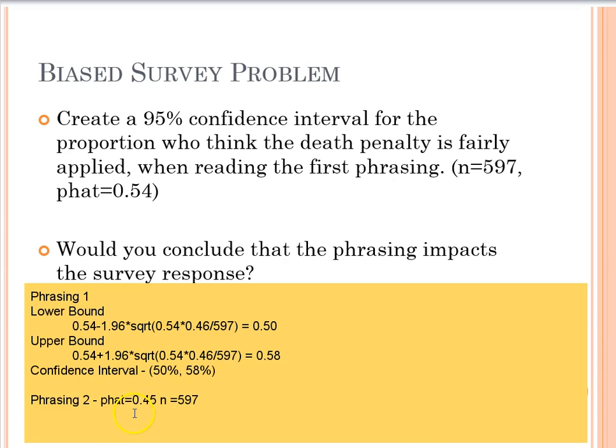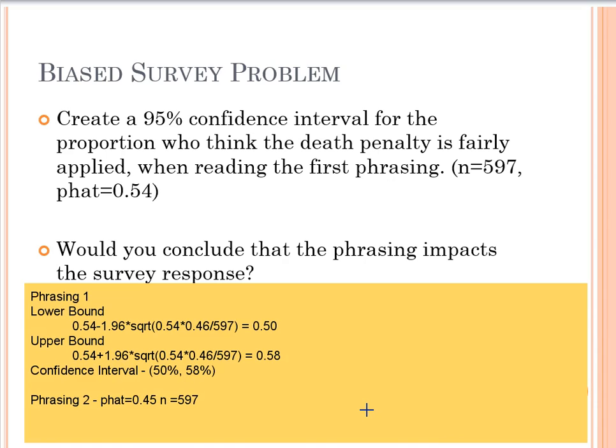What that says is that because the second phrasing's proportion is not in this confidence interval, it's highly unlikely that the first phrasing's percentage is 45%. So we can conclude that the survey wording impacts how the participants respond to the phrasings.